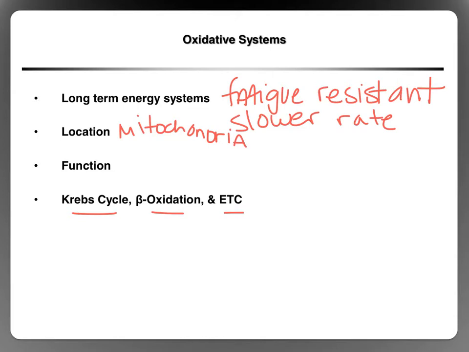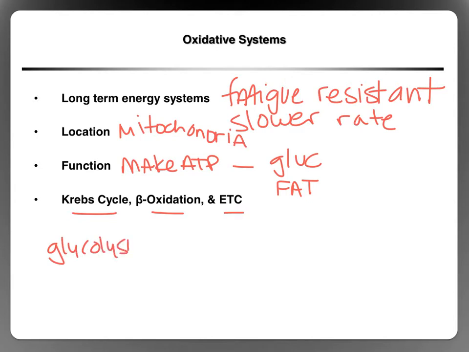The function of the oxidative systems is to make ATP either from glucose or from fat. Okay. So remember that with glycolysis, we started with glucose 6-phosphate. We end up with 2 pyruvates.